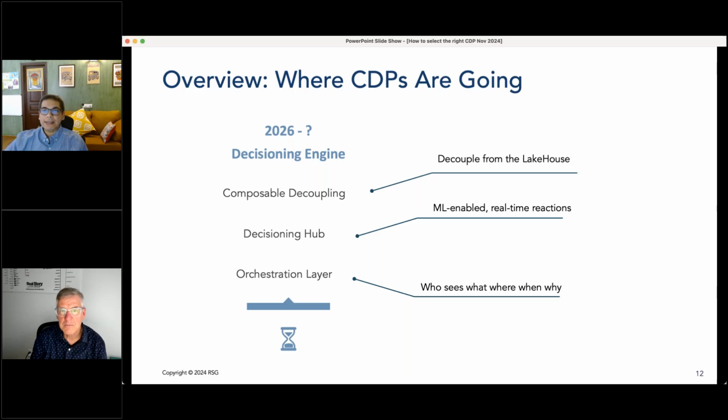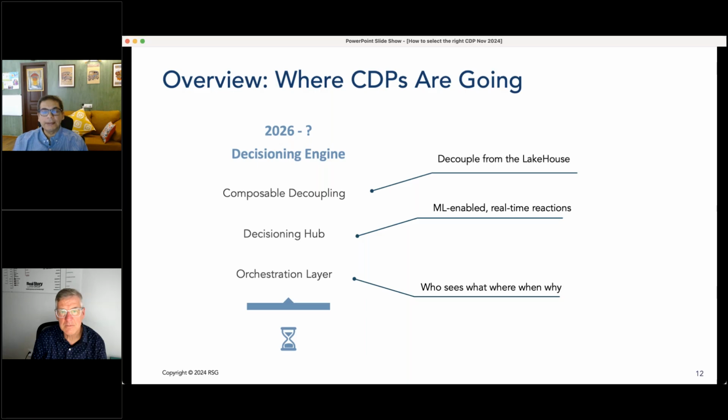The second one is about CDPs as decision hubs, right? We have seen that standalone decisioning engines and journey orchestration tools haven't really taken off in a big way. One reason for that is that for them to work really well, they need to be closer to data. And so that's where CDPs are getting in, right?